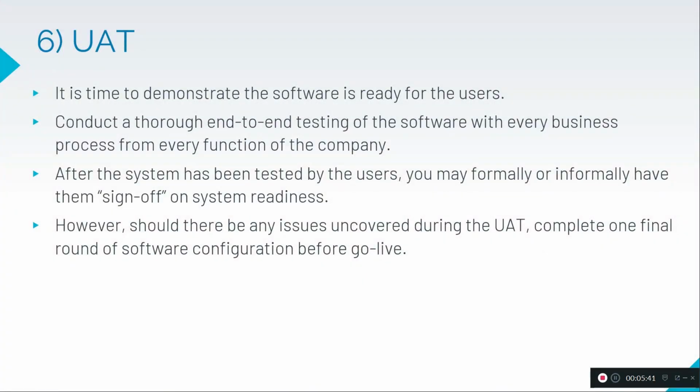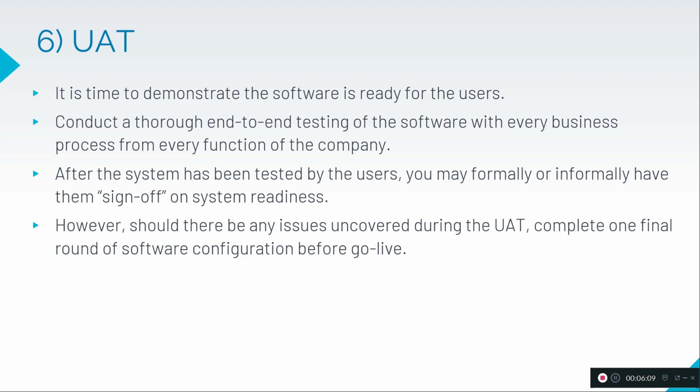So the next one is UAT. We have completed all the changes as per the requirement in the software, and now it's ready for the user acceptance testing. It's time to demonstrate the software is ready for the users. Conduct a thorough end-to-end testing of the software with every business process from every function of the company.